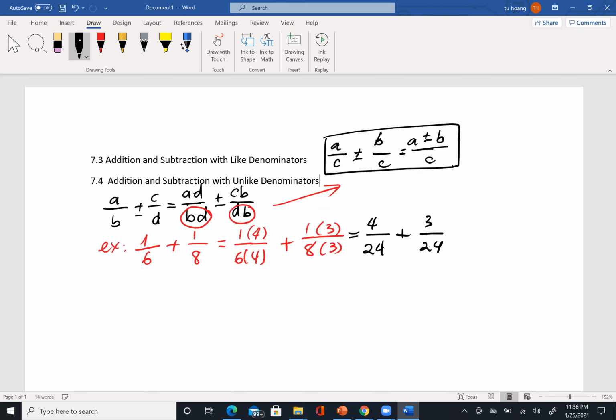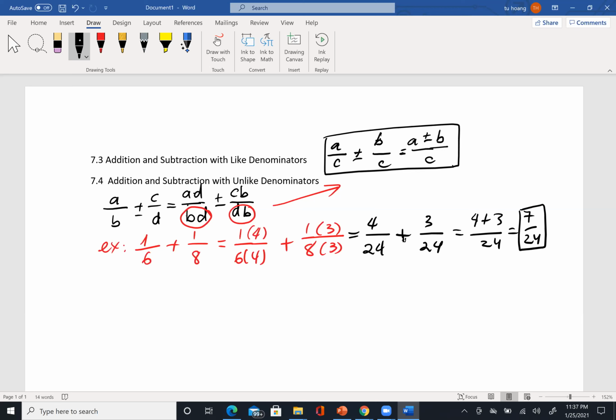And now you can see that I have the same denominator for both terms. Then I just add 4 and 3 and keep the denominator as 24, and that's 7 over 24 as the answer.